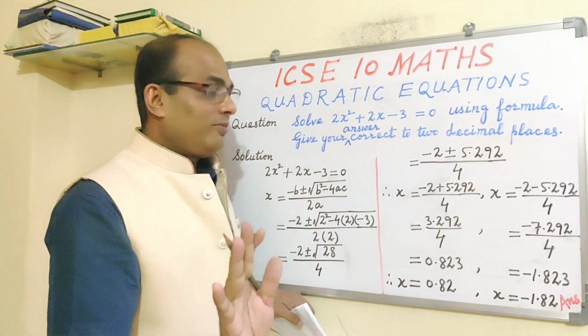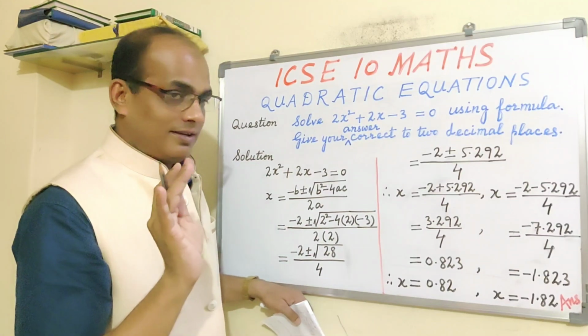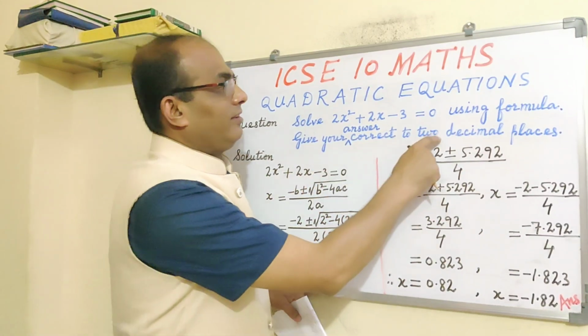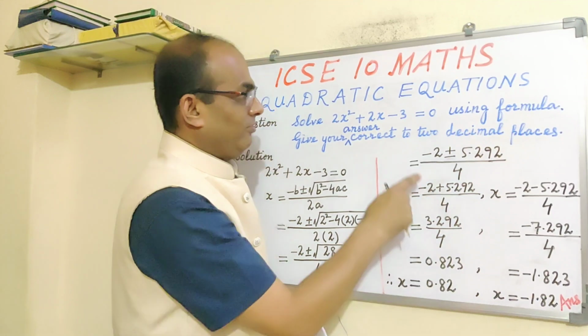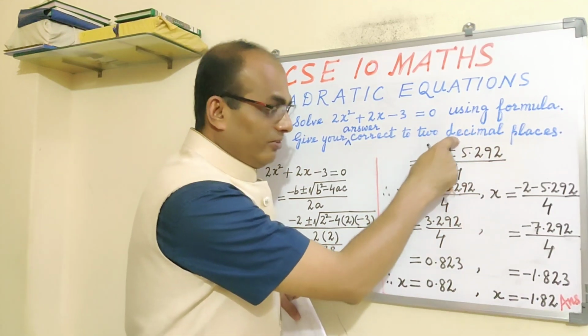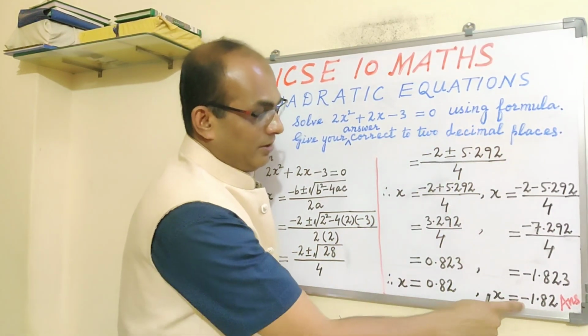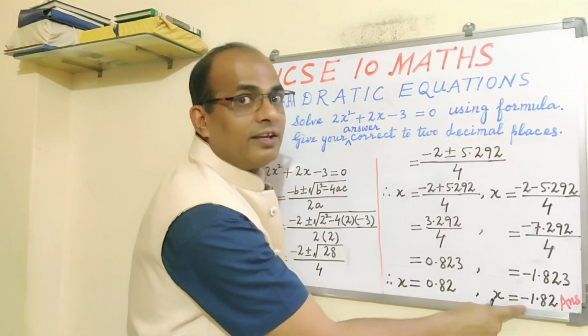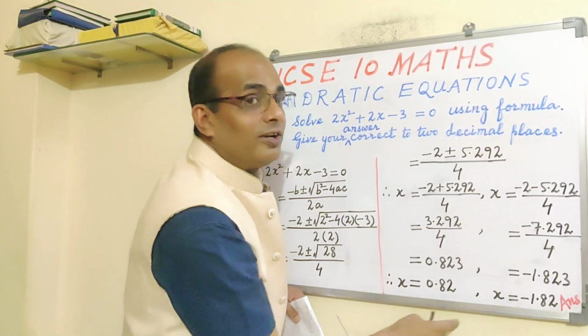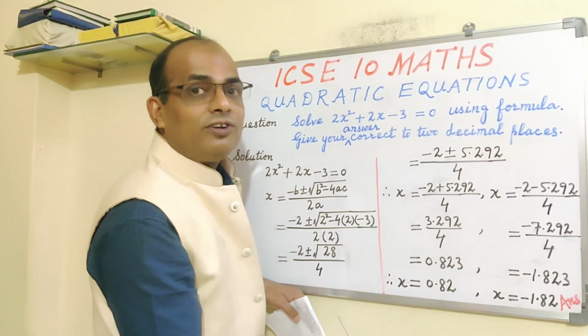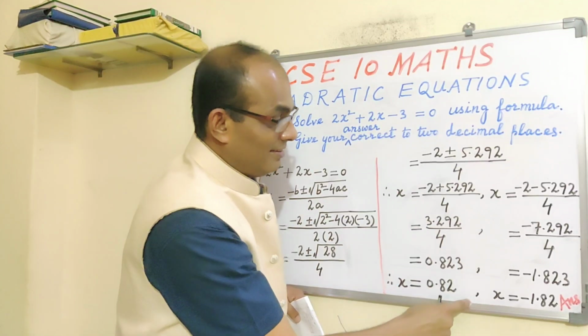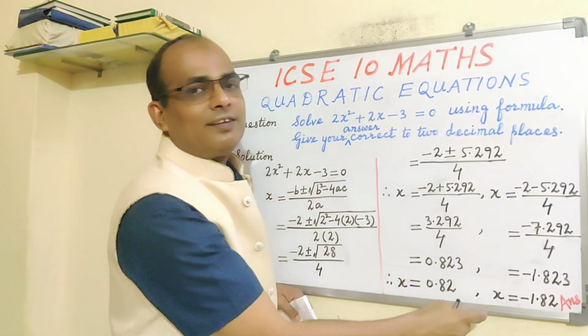Now, rest of the things you please take care, like if it is up to 2 decimal places, fine. If it is up to 2 significant figures, you have to find it out, because this is not 2 significant figures. This answer is up to 2 decimal places.